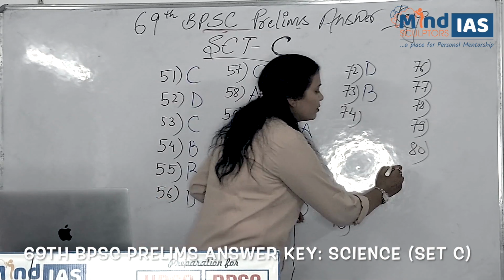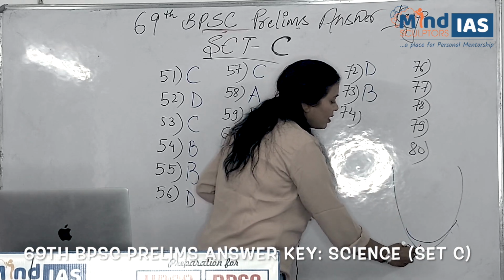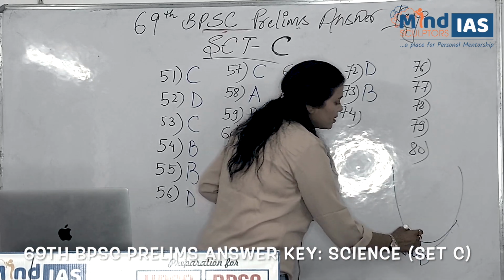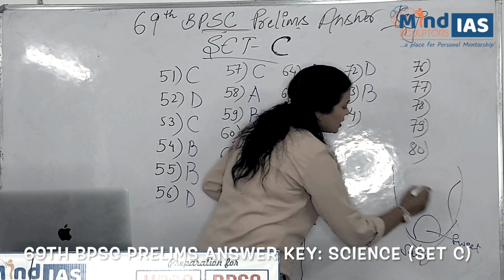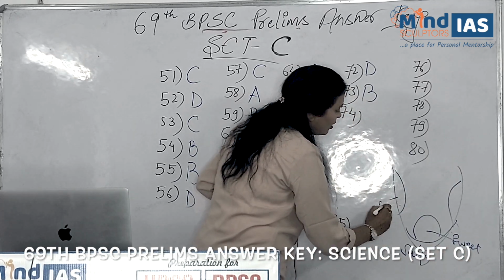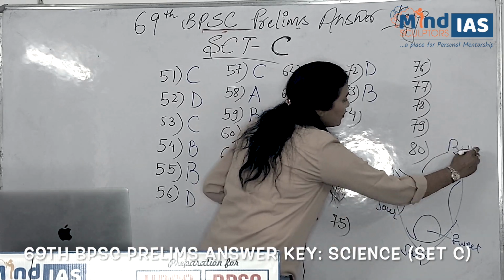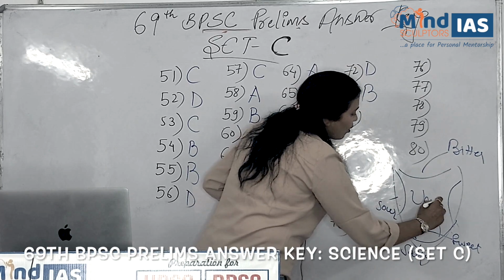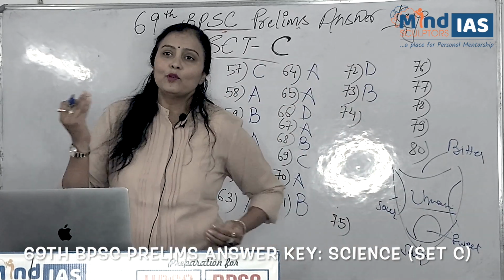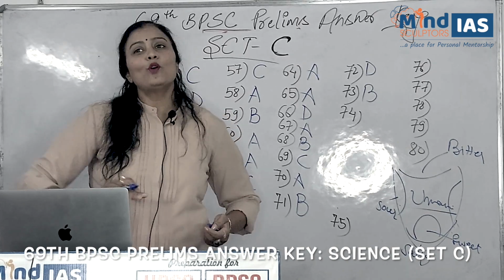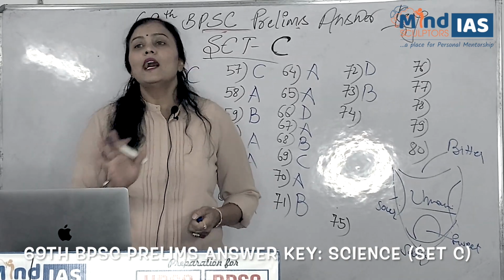So if you see a tongue, this is the place for your salty, this region is for your sweet, this is for your sour, this region is bitter, and this is your region for umami taste. Now the question will come to students: what kind of taste is umami, which they have not heard before?